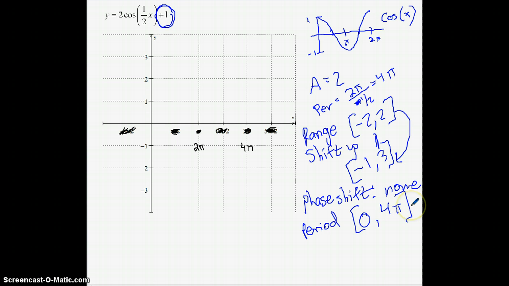Again, that 0 to 4 pi I choose. Why do I choose this period of all the periods I could possibly draw? Why not -3/2 pi to 5/2 pi? Well, no, I choose this because over the interval 0 to 4 pi I'm going to have this pattern, and so that's just a matter of convenience to choose that interval.